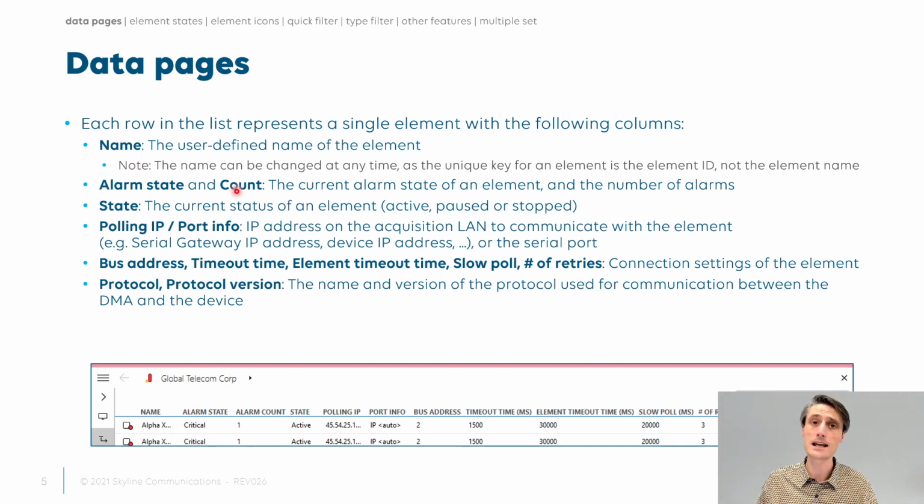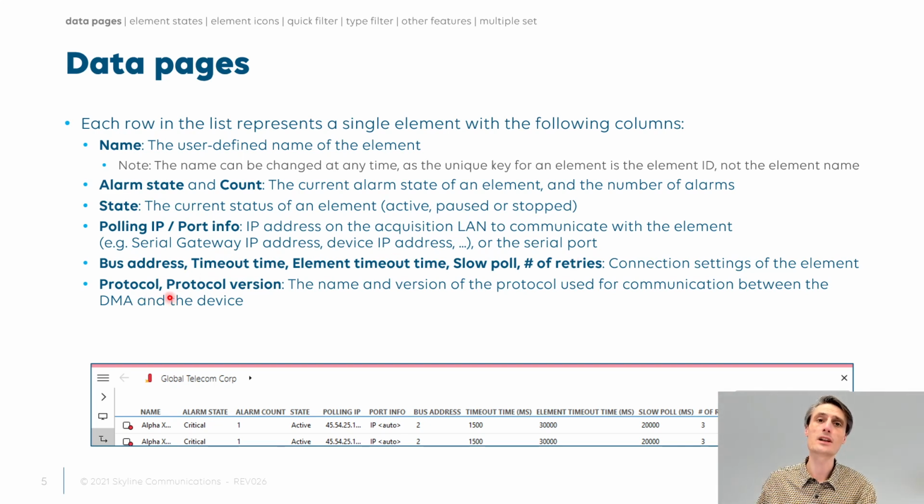So it also adds a count with the number of alarms to give you an indication of how many alarms this element has. We also have the state of the element that is indicated, active, paused, stopped, the polling IP and port information, so which IP address we're currently polling. There is some more information, typically more for serial, like a bus address, but also a timeout is indicated there, a command timeout and an element timeout, the slow poll and retries that are available.